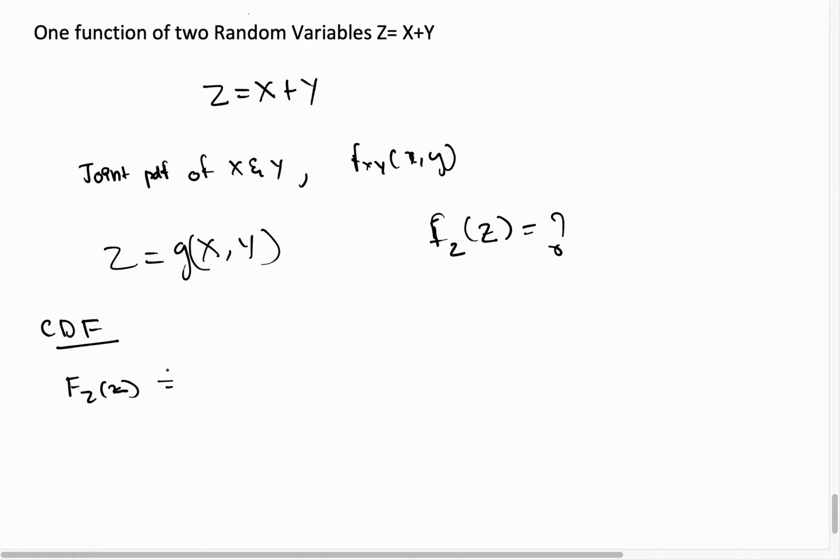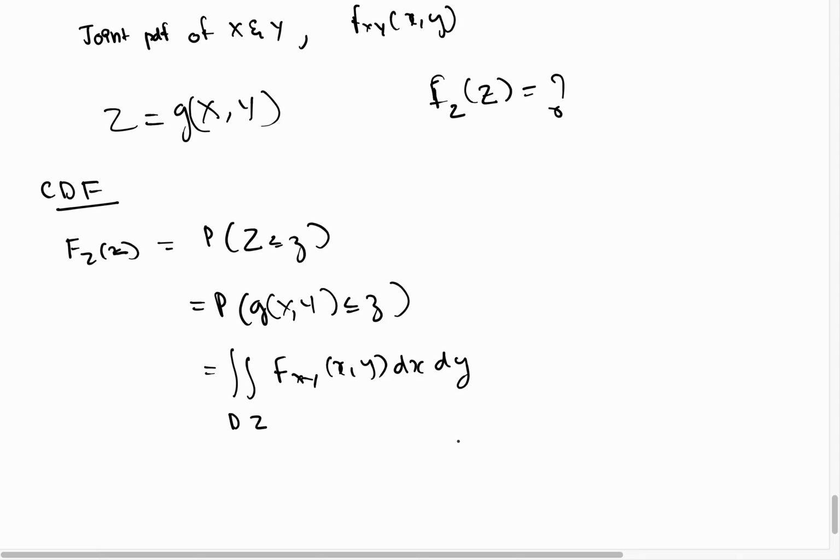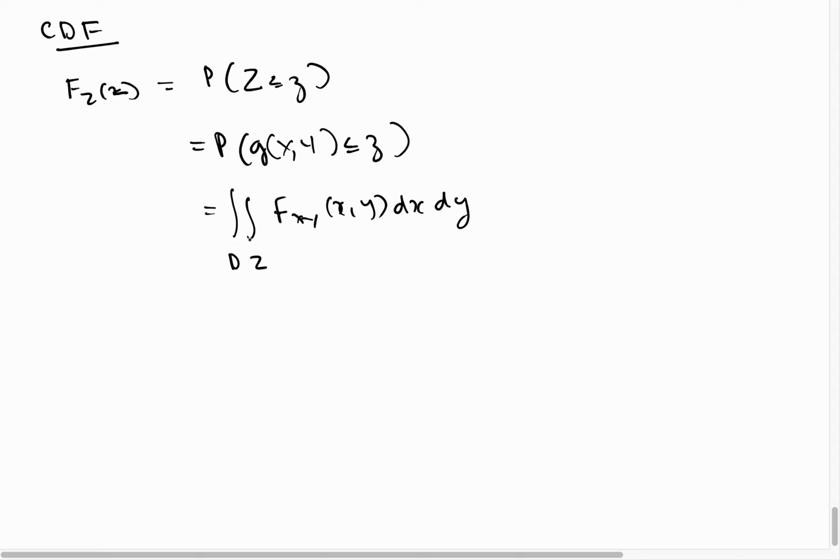So we know that F_Z(z) is nothing but the probability of Z less than or equal to z, which is equal to the probability of, so I'm just going to simply replace this term here, g(X, Y) less than or equal to z, and we very well know that this is going to be the integral over the region D_z of f_XY(x, y) dx dy. So this is all what we are going to do.